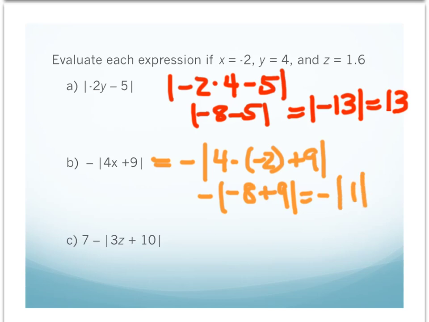Well, the absolute value of 1 is 1, so the opposite of 1 is going to be negative 1, and that's going to be our answer.